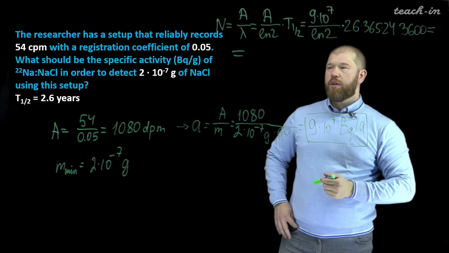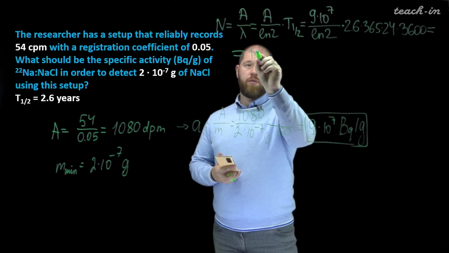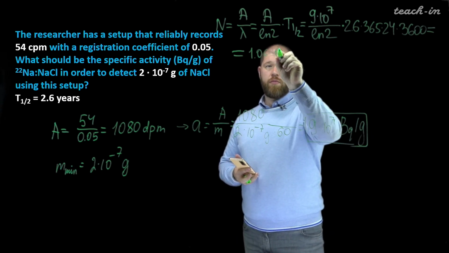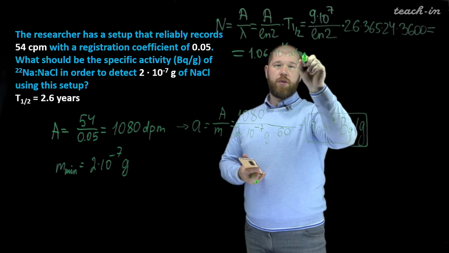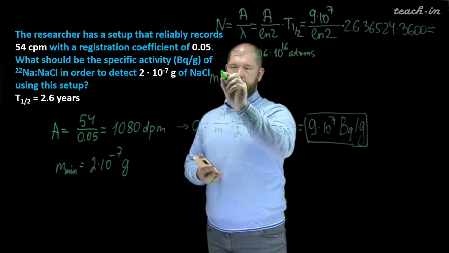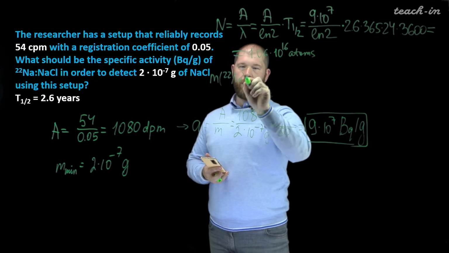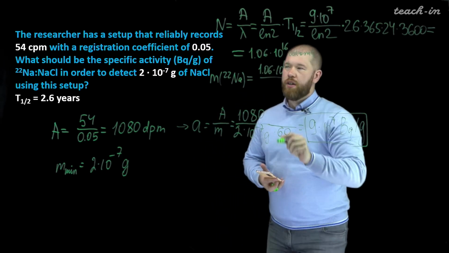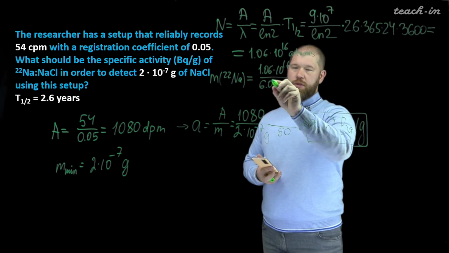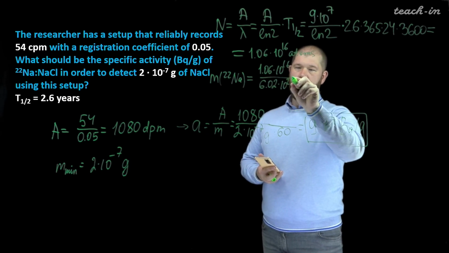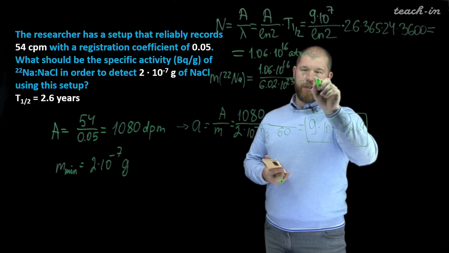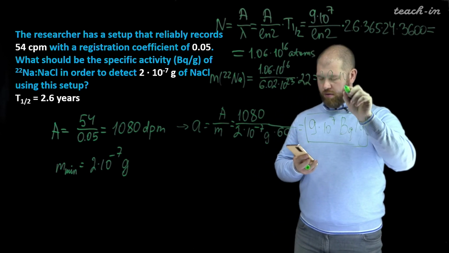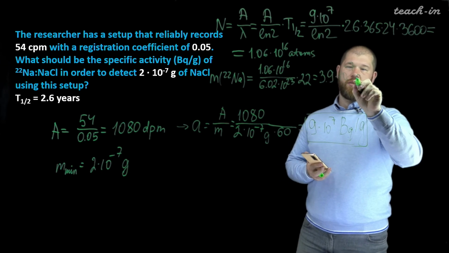So finally, we'll get 10.6 10 to 16 atoms, and thus the mass of this isotope will be 10.6 10 to 16 atoms divided by Avogadro number and multiplied by 22, thus the atomic number, and it will be only 3.9 to 10 to minus 7 gram.